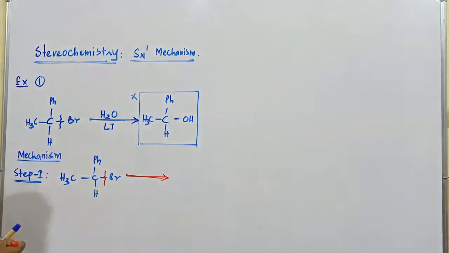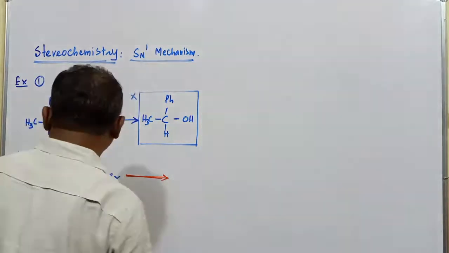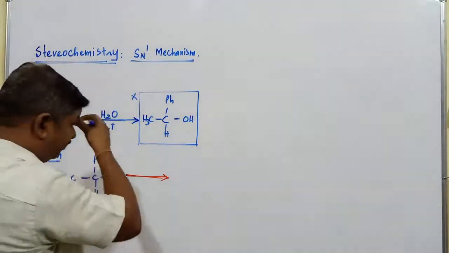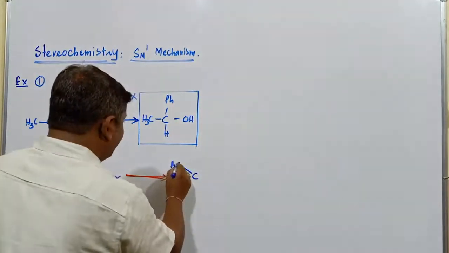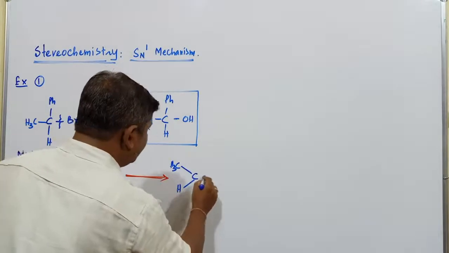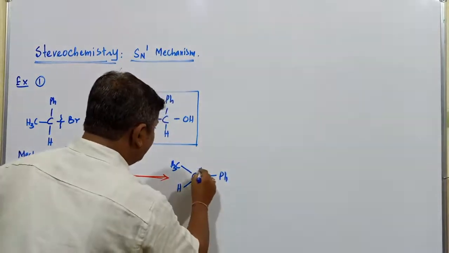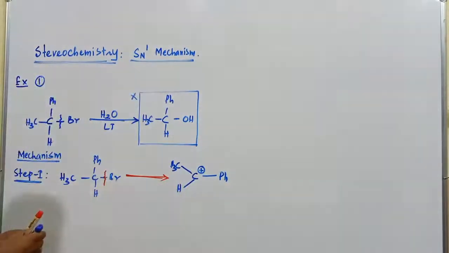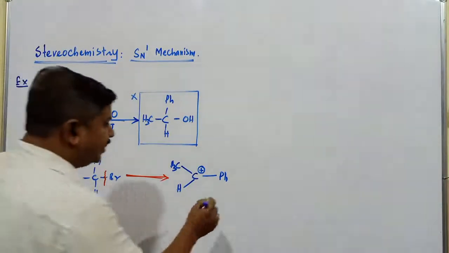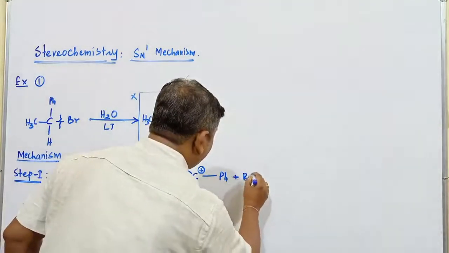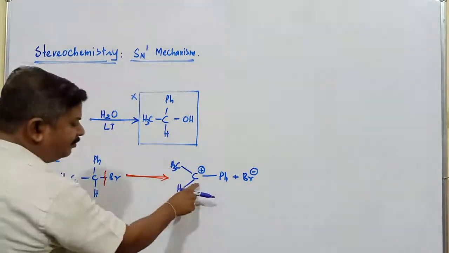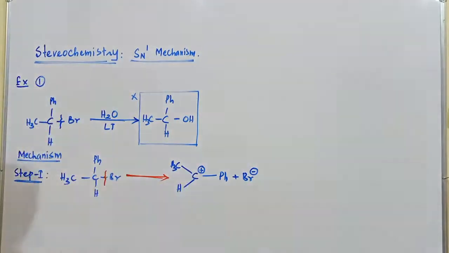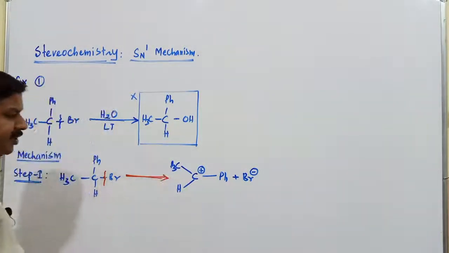What is the intermediate produced in this reaction? A carbocation is formed. This carbon has a methyl group CH3, a hydrogen, and a phenyl group, and this carbon atom carries a positive charge. In addition, Br minus is formed. This is the carbocation produced in the first step.